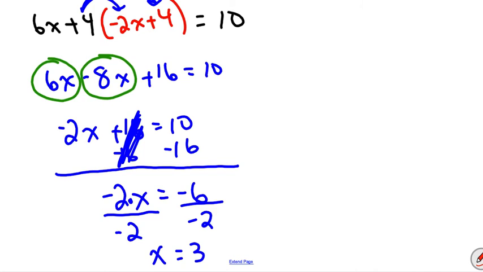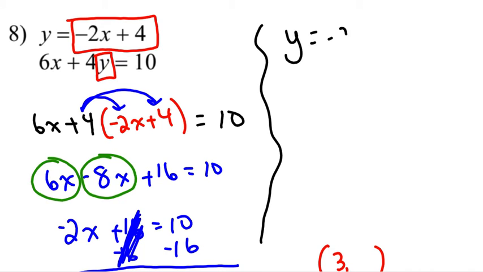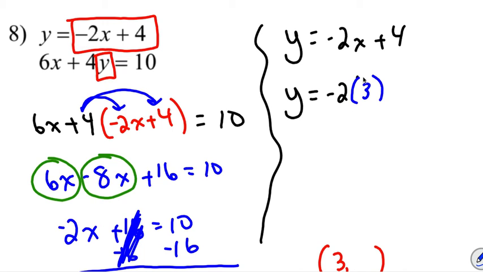All right, so again, I know my x coordinate is 3, but what's my y coordinate? Well, we have to finish it out to figure that second part out. So I'm going to take this 3, come back up to my top equation. Y equals negative 2x plus 4. But I already know that x is 3, so I'm going to replace that x with a 3.